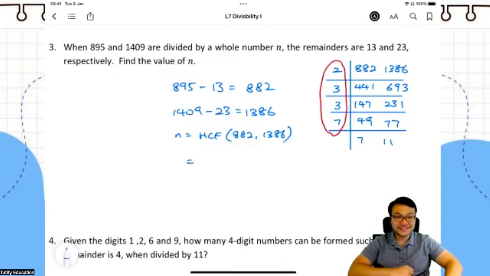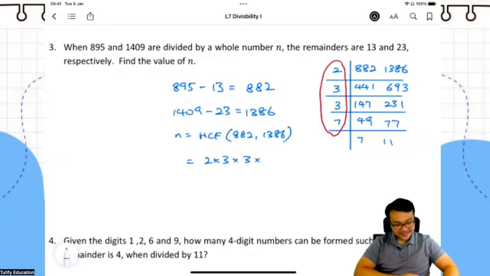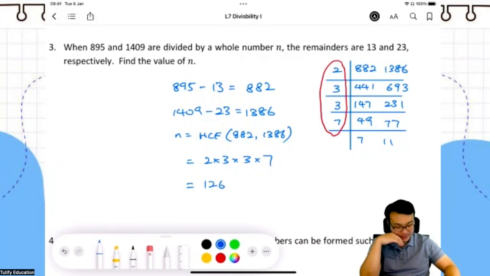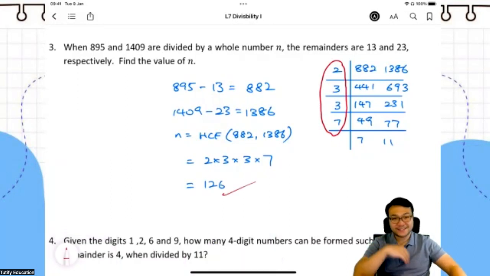Multiply them together. Okay, tell me, what is my HCF? 126. Very good. Well done. Malcolm, you got it. Good job.